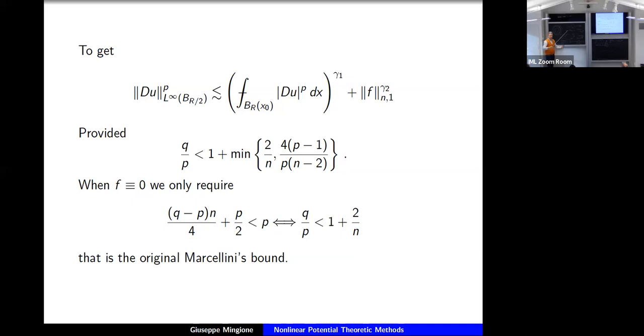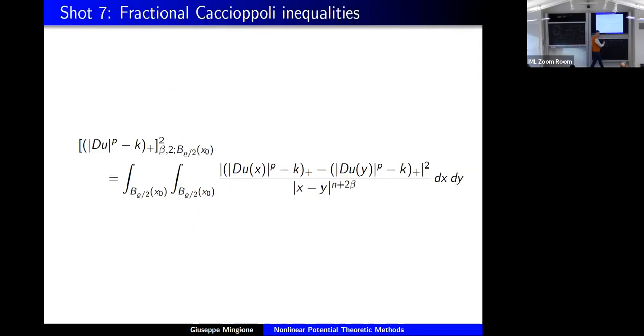How do you prove that u to the p is a subsolution? You take the equation, you differentiate the equation, but if the equation is not differentiable, then you go to fractional spaces. In fractional spaces, you replace second derivatives of the gradient by fractional derivatives of the gradient. So you use Bernstein's method in the setting of fractional spaces.